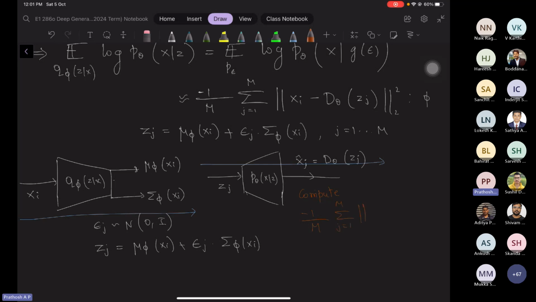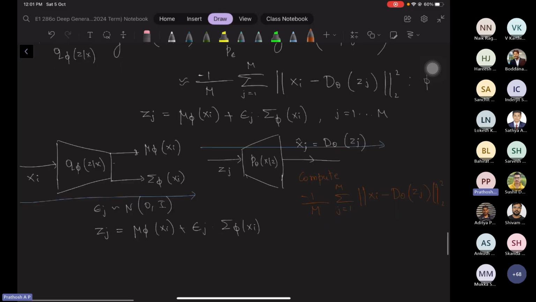You note that for a particular input xi, you have multiple possible outputs because you have multiple embeddings, with different m's. You compute this, and then compute the gradient of this with respect to phi, and then simply backpropagate this all the way to the input of the decoder.